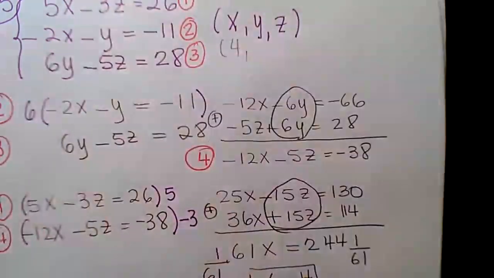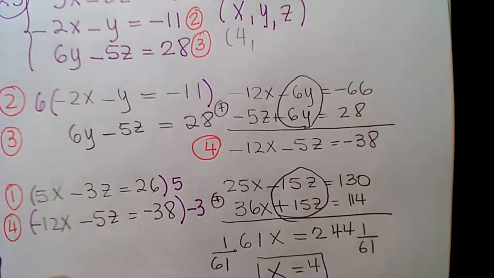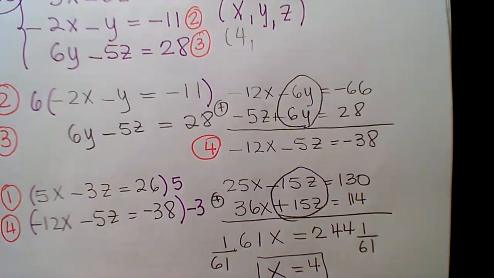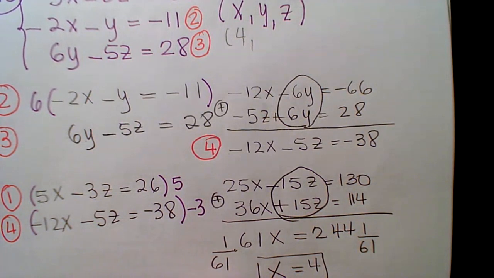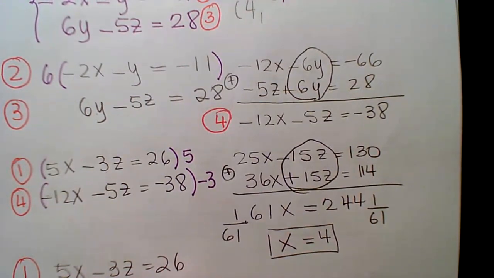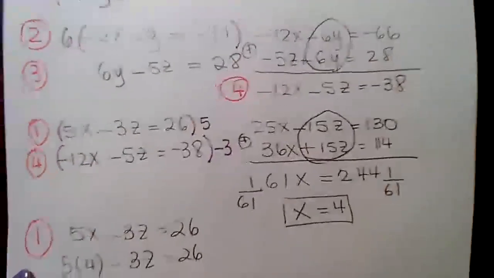I could use number 1 and replace the x if I want to. It doesn't matter. So I'm going to take 5x minus 3z equals 26, and I'm going to replace the x there because I want to get the z. So this is 20.